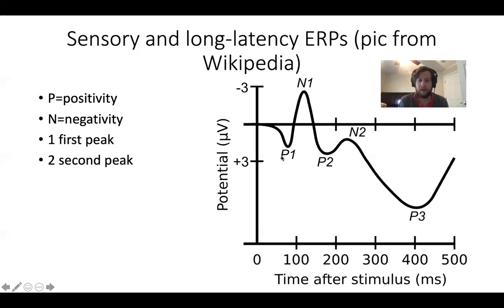And here, this 1 does not represent a unit of time per se. This is the P, which stands for positivity. The 1 stands for the fact that it's the first peak right here. And it's a positivity. Please note in this graph, the negative is up and the positive is down. That's something you always have to check, look at the y-axis on ERP studies, because half of the time negative is up and positive is down, and the other half of the time positive is up and negative is down.